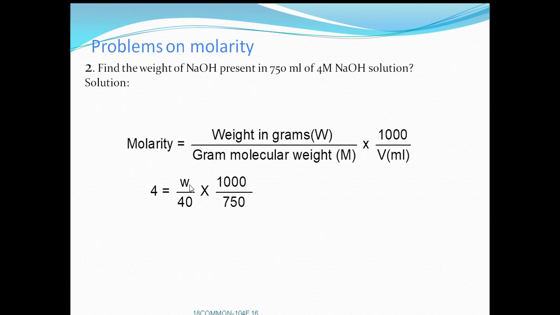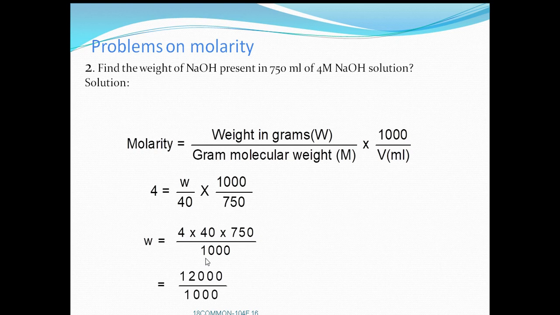Now we have to calculate W. So W equals 4 into 40 into 750 by 1000. Two zeros cancel. So 4 into 4 into 75 by 10.